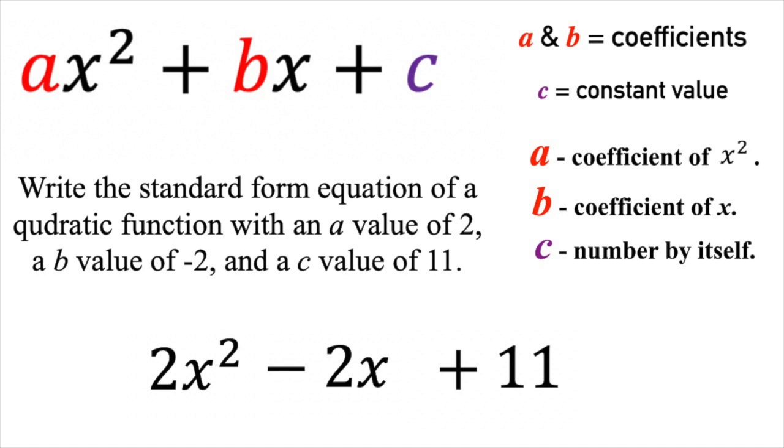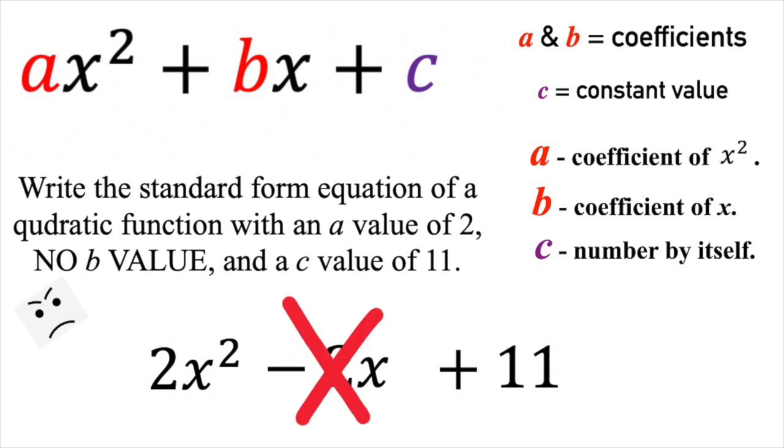And there's one more thing, which is that it's not like there always needs to be an a, b, and c term. So what if the quadratic equation doesn't even have a b value, right? So just an a value of 2 and a c value of 11. If there's no b value, then let's just cross out that term in the middle. The reason for that is we said that b is the coefficient of x, right?